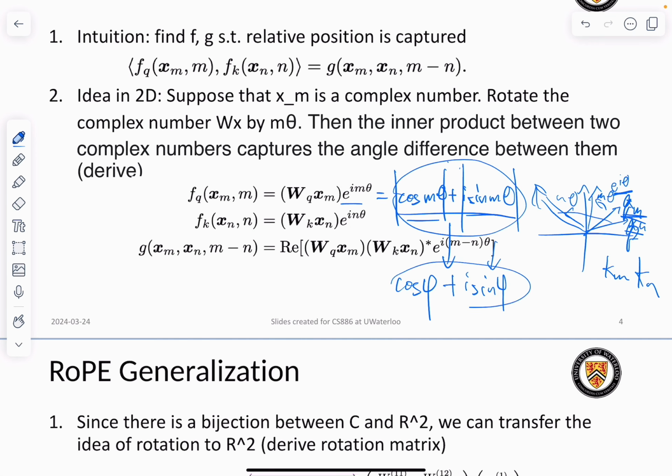So we successfully mapped this from C to R^2, and the way we rotate a vector in R^2 is just multiplying by this matrix. I won't go into more details about this.